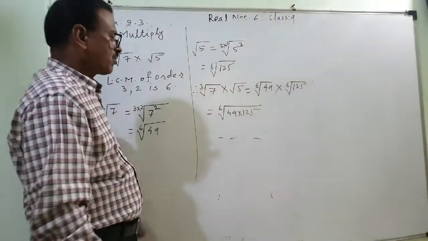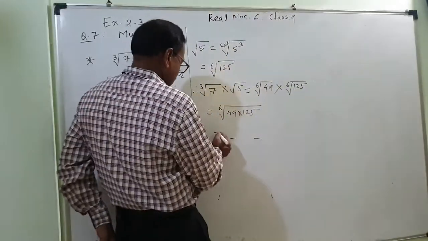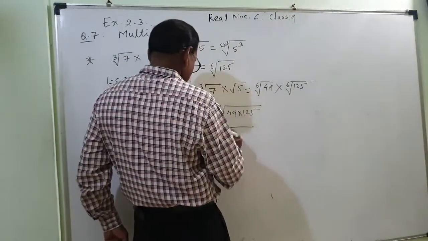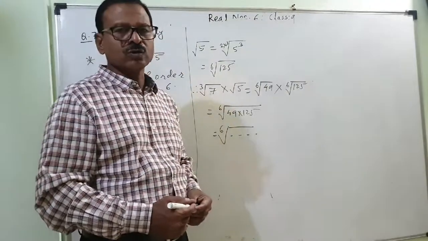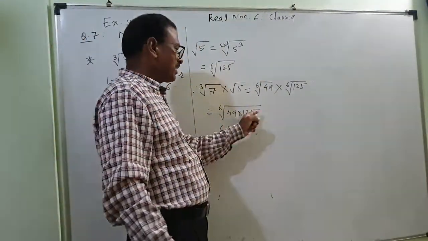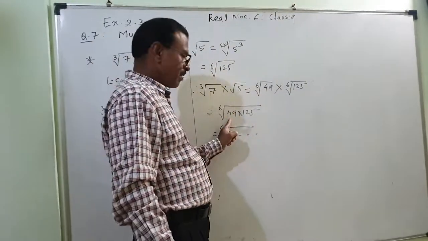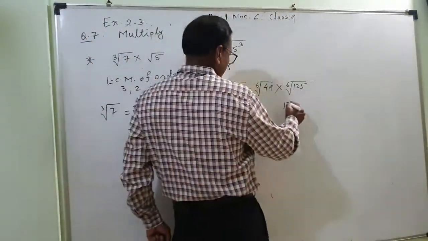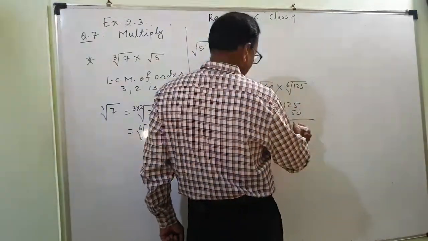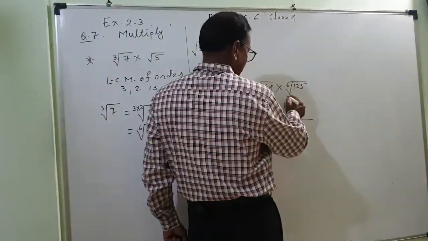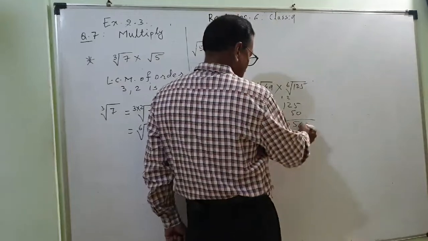Hope that you have understood. 49 into 125 you do and write it. That is equal to 6th root of whatever the multiplication comes, you do it. Hope that you have understood how to multiply it in a very simple way. This is nearly 50. So 125 into 50. So 5 5s are 25. So this will be 6250.